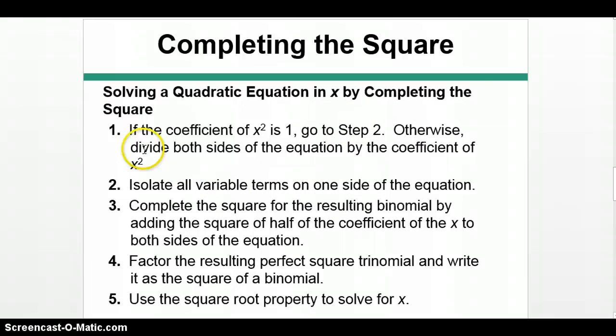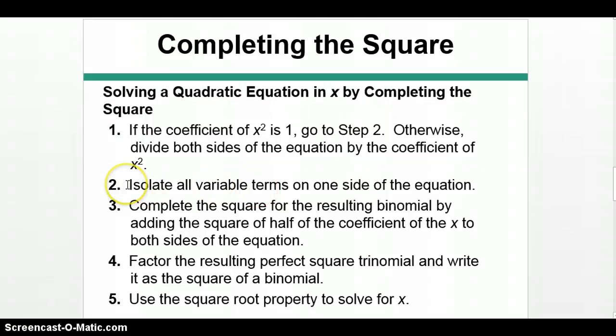Otherwise, divide both sides of the equation by the coefficient of x squared. We have to divide to make the coefficient of x squared 1. If it is 1, we can go directly to step 2.